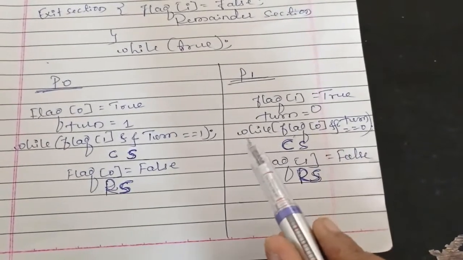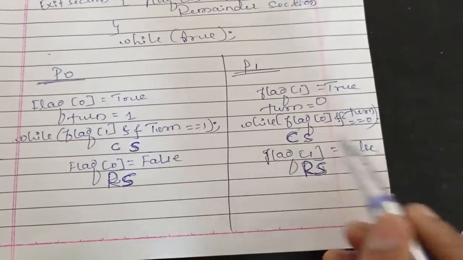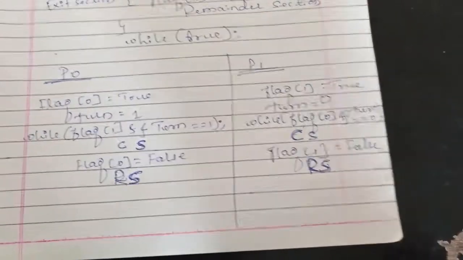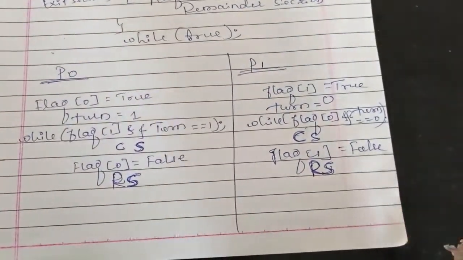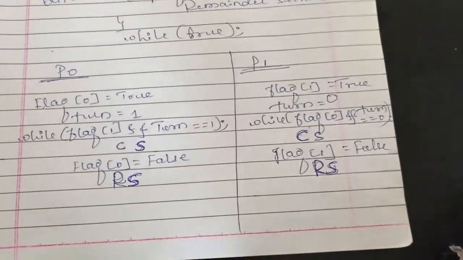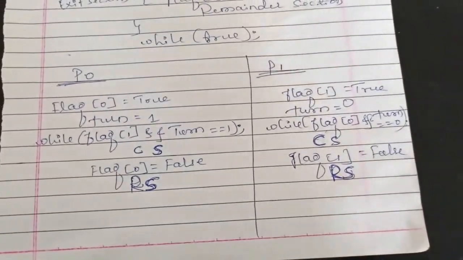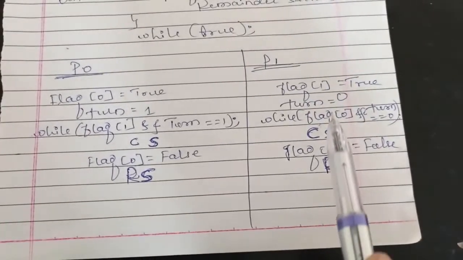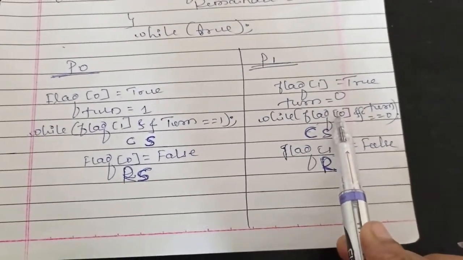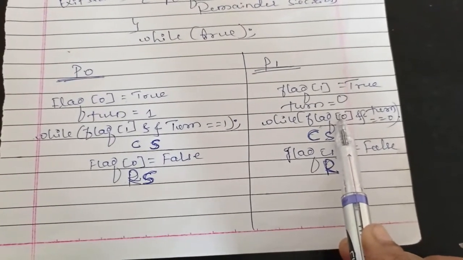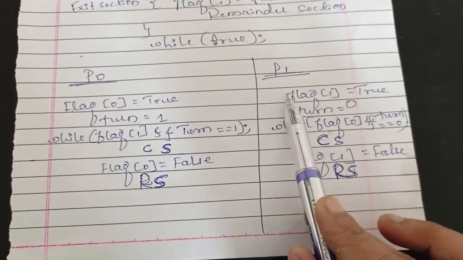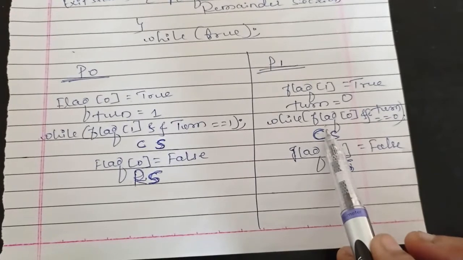So if this condition becomes true, we have to wait, which means the process P0 is waiting here until the condition becomes false. Now if this condition becomes true, the P0 process is going to wait. So now process P1 is going to enter its critical section.